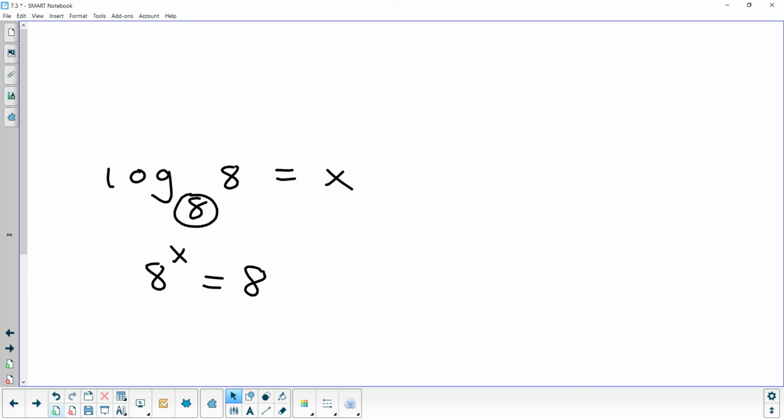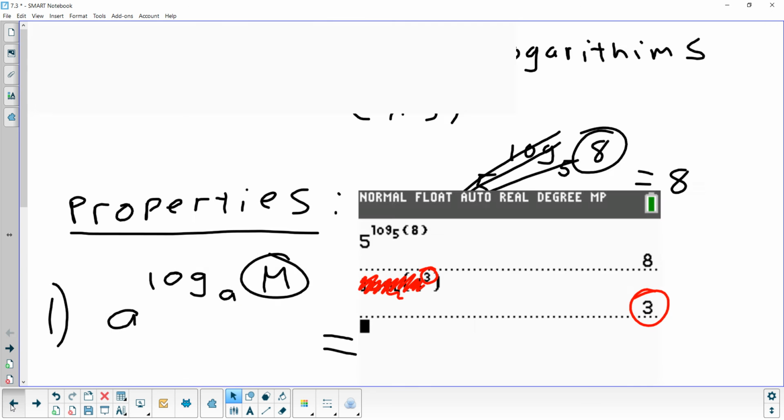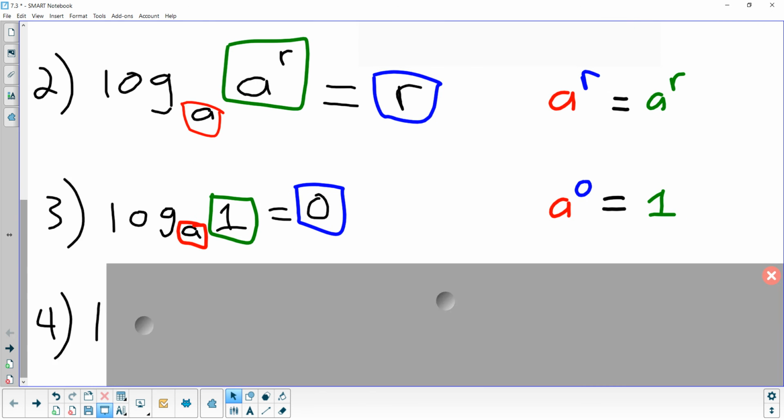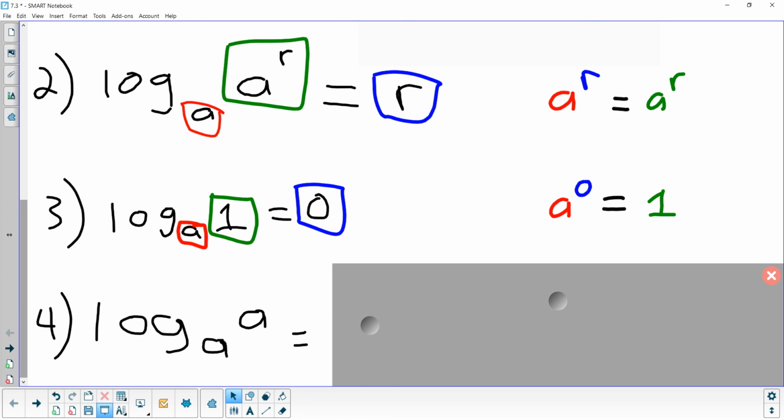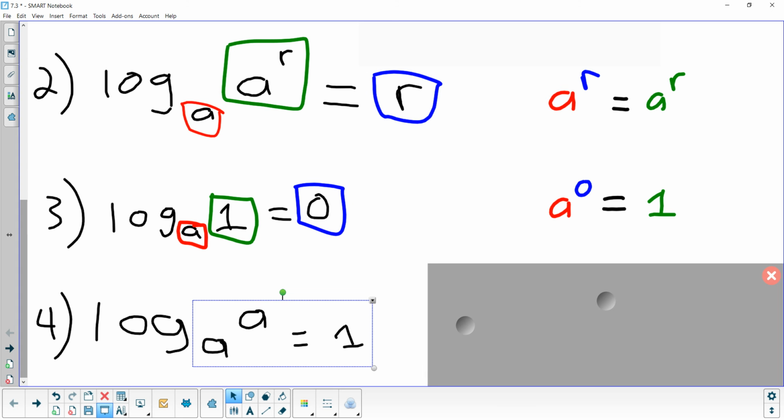And then I asked you, what power can you raise something to so you get the same thing back? And the answer was 1. Well, anytime you take a log and the base and the argument match, like an 8 and an 8, or a 12 and a 12, it doesn't matter what they are. If it's 8s, 12s, 2s, the answer is always 1.